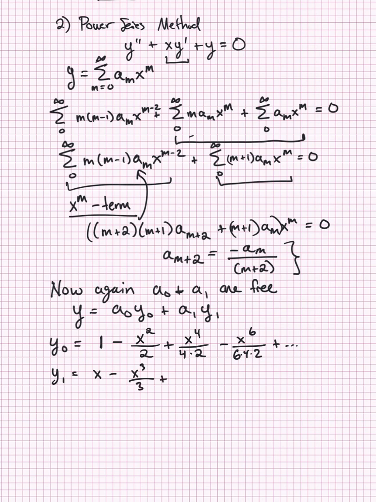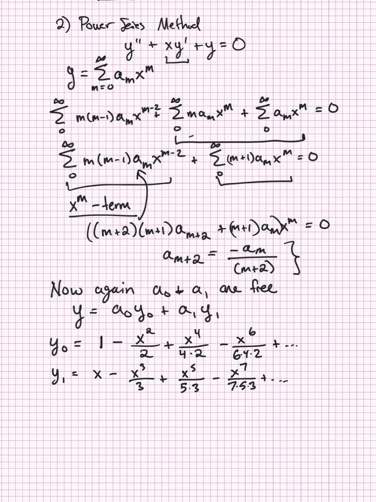Again, the even terms here, since we set a0 to be 0, a2, a4, and a6 are all going to be 0. Then we get a5 over 5 times 3, minus x to the 7th over 7 times 5 times 3, and so on.